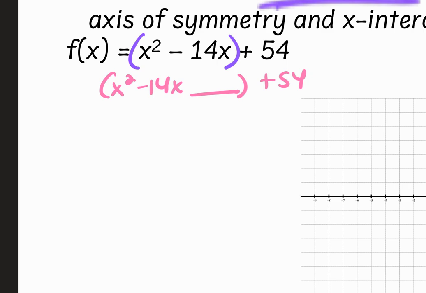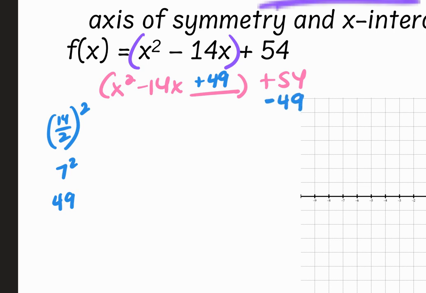So I take my 14, I divide it by 2, and I square it. 14 divided by 2 is 7, and 7 squared is 49. And I add it inside the parentheses, but I have to balance the equation, so I subtract it outside the parentheses.